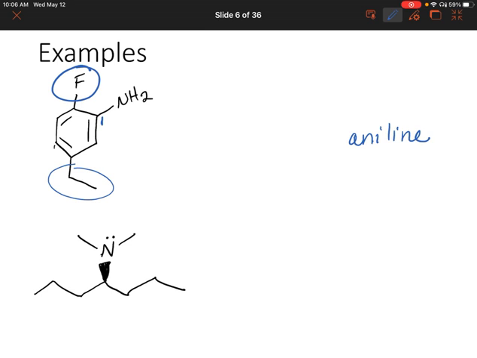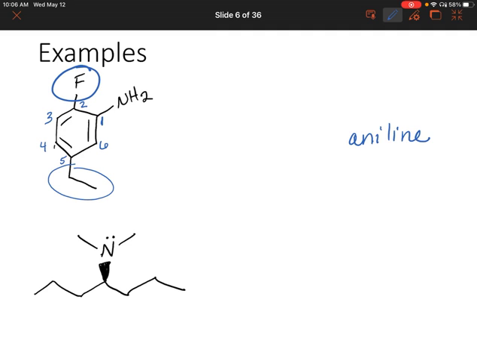And we, again, want to number the ring so that our other substituents have the lowest numbers possible. Now, if I go counterclockwise, fluorine will be at position 2, and the ethyl group will be at position 5. If I go clockwise, then the ethyl group will be at position 3, and fluorine will be at position 6. So we don't want to go clockwise here, we want to go counterclockwise. All right, so let's list our two groups here.